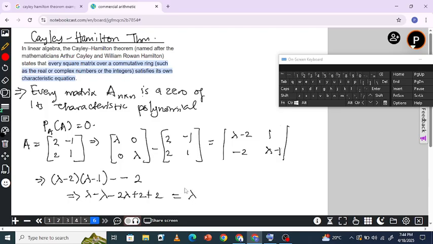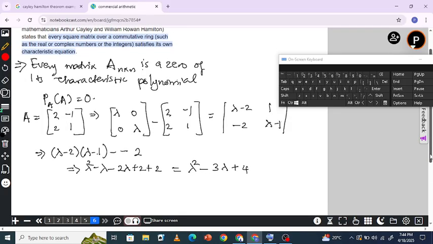That gives us lambda squared minus 3 lambda plus 4, and that's our characteristic polynomial, which we get from the determinant here.